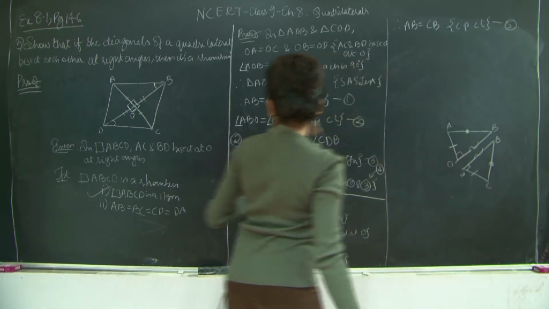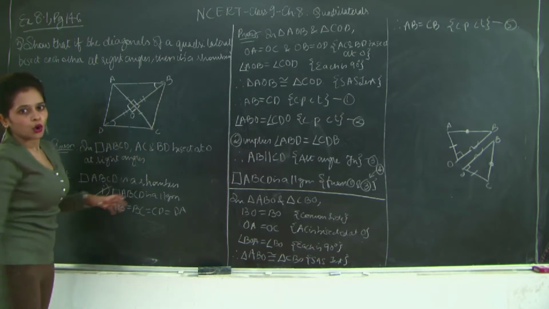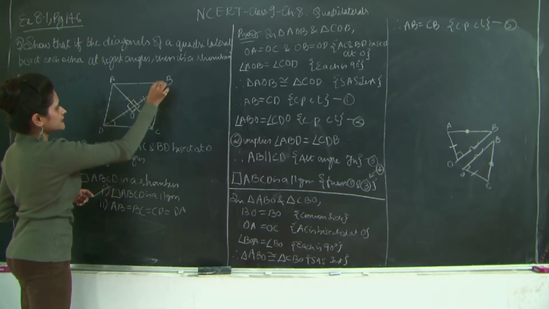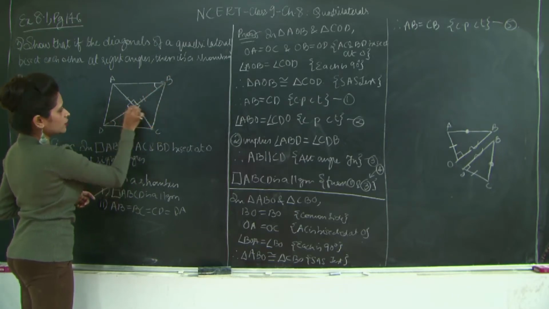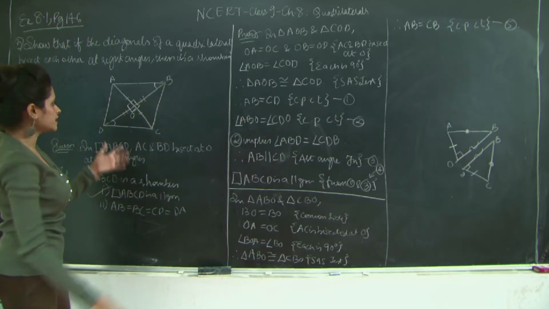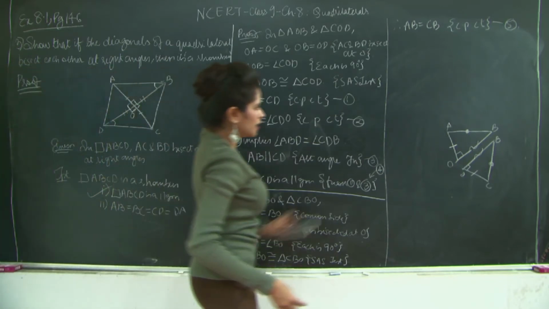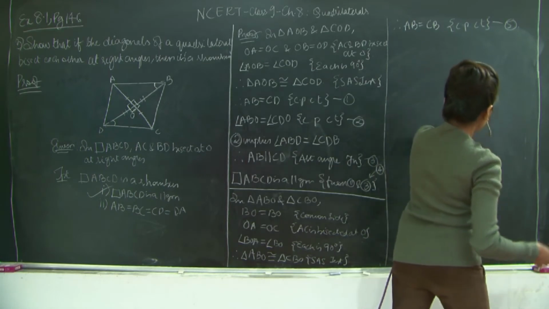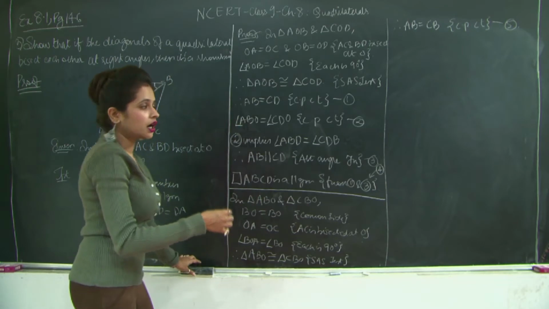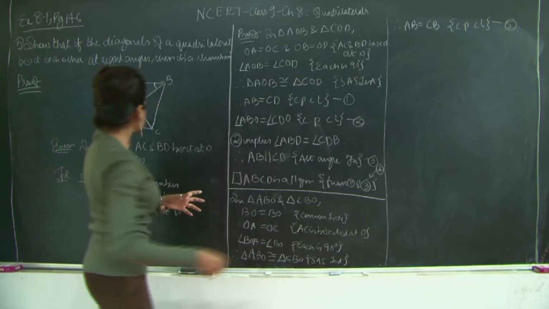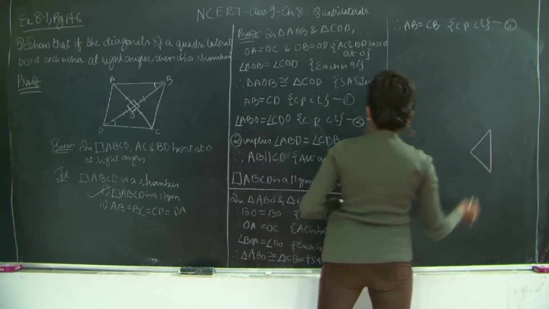So now I have taken my two triangles ABO and CBO. What if I take these two triangles now, CBO and CDO? Again I can prove them congruent by the same test of congruence, that is side angle side test. Let's just look over here. We are not going to prove it again using the same wordings, but I will show you how you can similarly prove these two triangles congruent. So I have CBO.